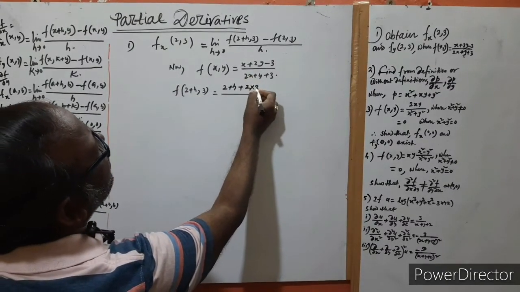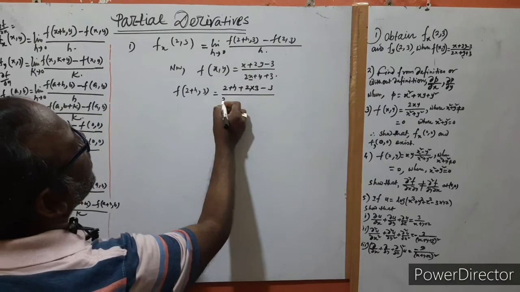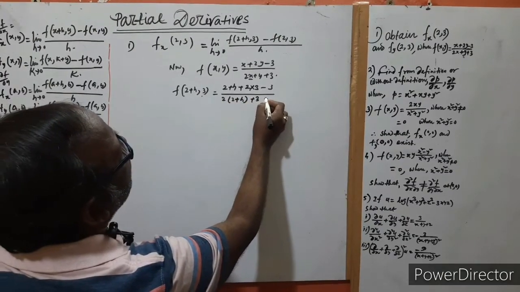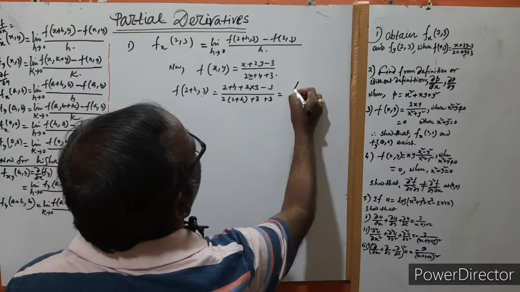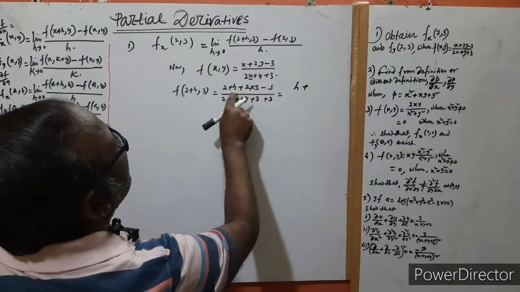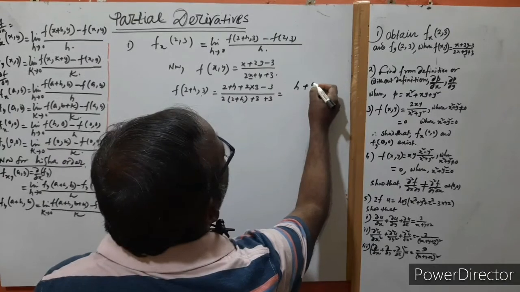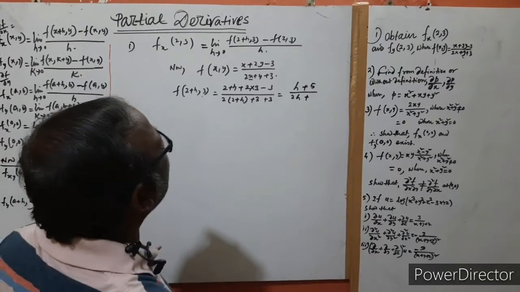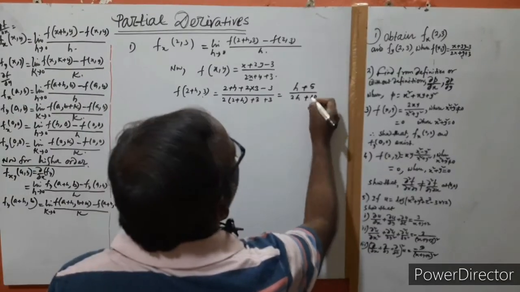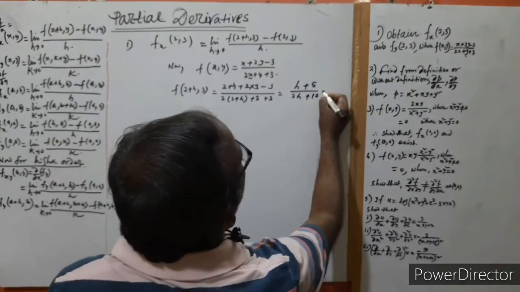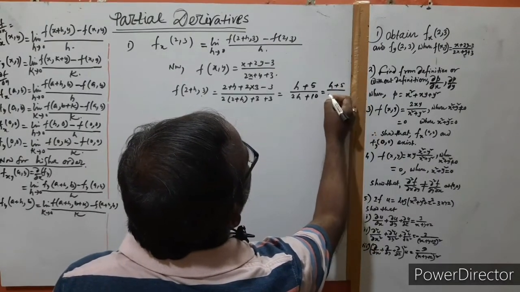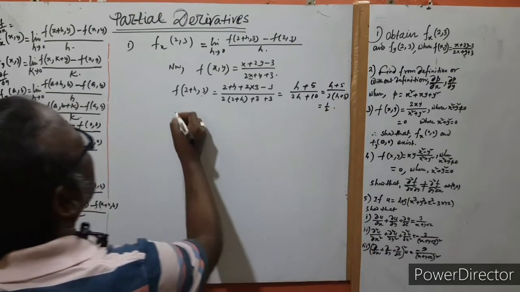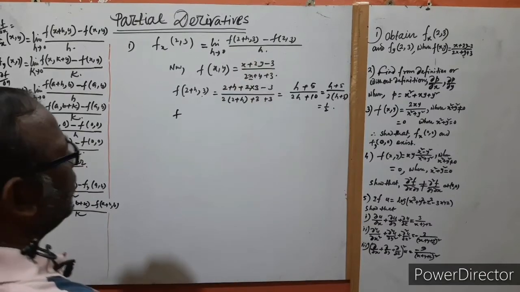So the numerator is 2+h+6-3, that is h+5, and the denominator is 2(2+h)+3+3, that is 2h+10. Take a common 2: this is (h+5)/(2(h+5)), which is half. And now find f(2, 3).